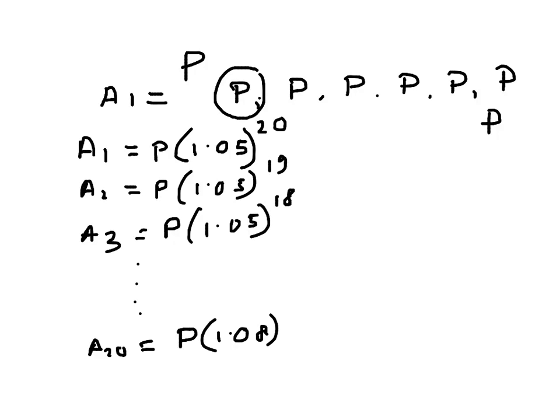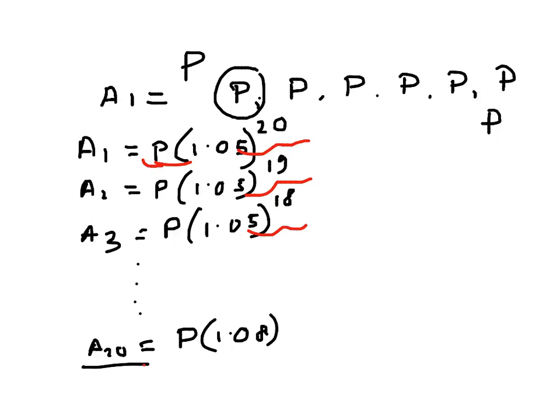If he invests the amount in the beginning of the year and takes out what is there at the end, this is the amount he puts in at the beginning of the 20th year, and towards the end it is becoming this much. So the first amount he puts in stays for 20 years. The second year's amount stays for 19 years.